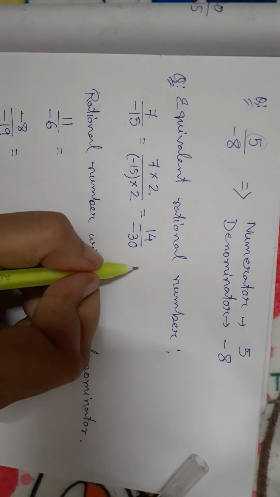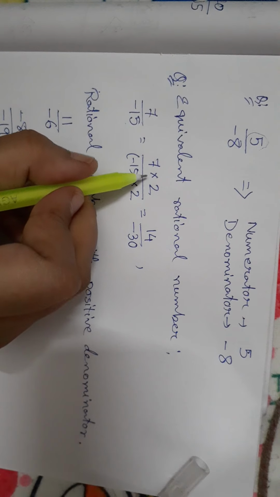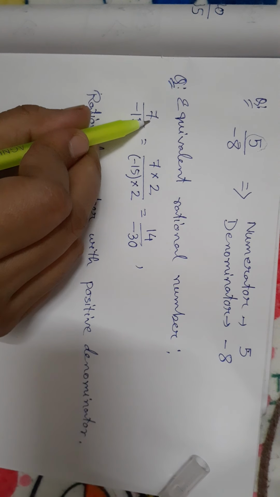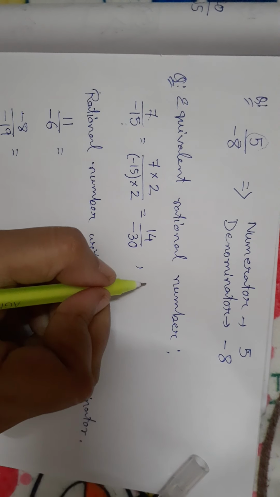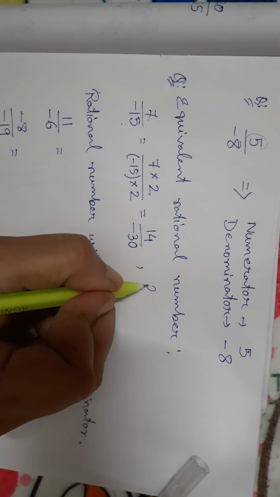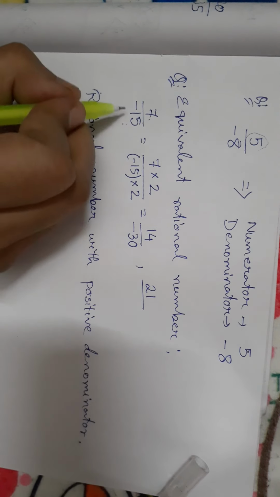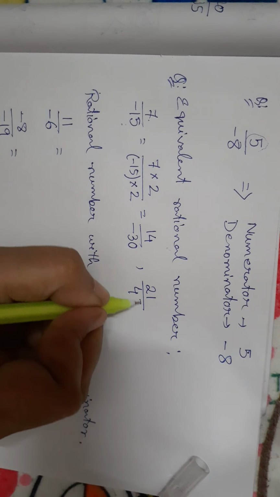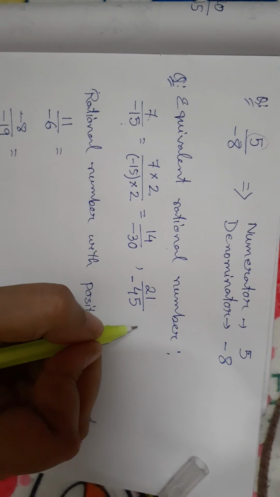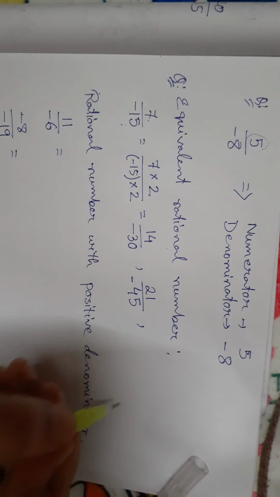In this way, similarly, if you multiply the numerator by 3 and the denominator by 3, then we will get 7 3s are 21 and 15 3s are 45, so 21 by minus 45.